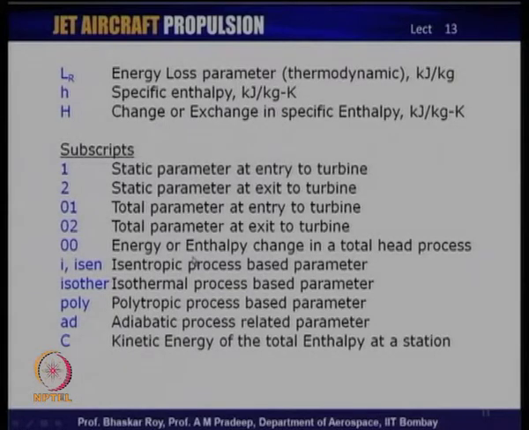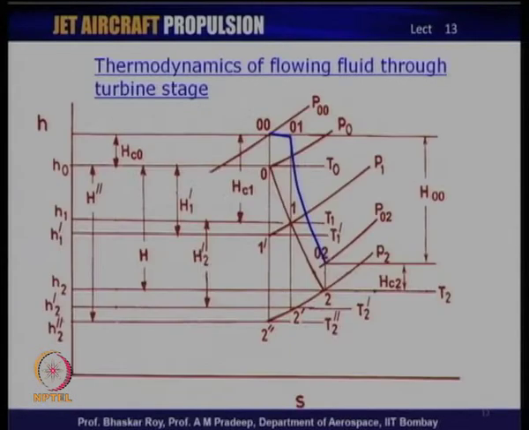Isen, of course, is the isentropic process, isothermal is the isothermal process, poly is the polytropic process, and AD is the adiabatic process. Quite often we talked about adiabatic reversible process, and C is the kinetic energy part of the total enthalpy at the station, as we have talked about Hc, Hc0, Hc1, Hc2, etc.